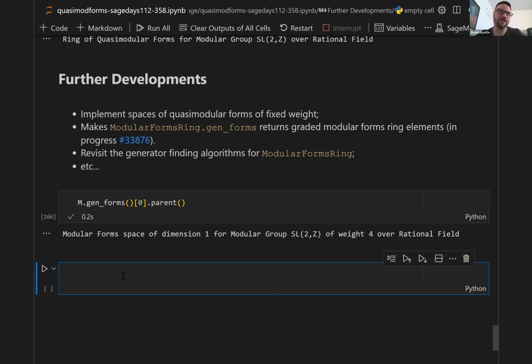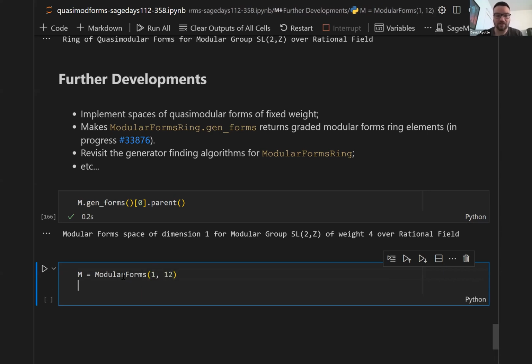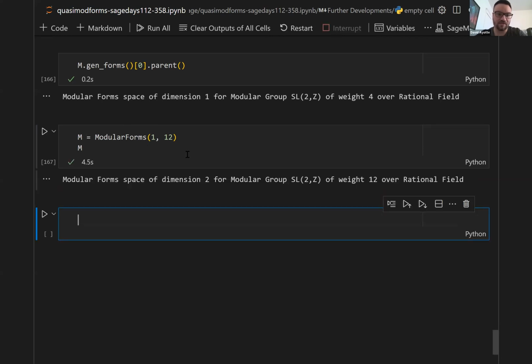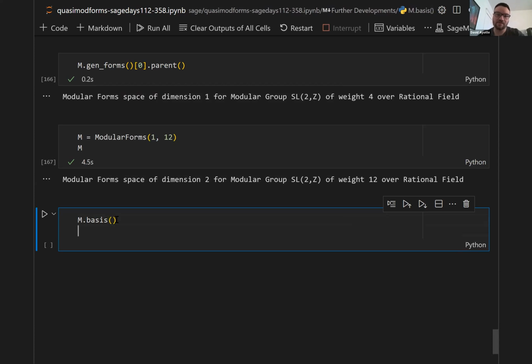Well, in SageMath, a modular form is basically a vector. Let me do some example, say weight 12, for example. This M is a vector space of dimension 2, so we can ask for a basis.